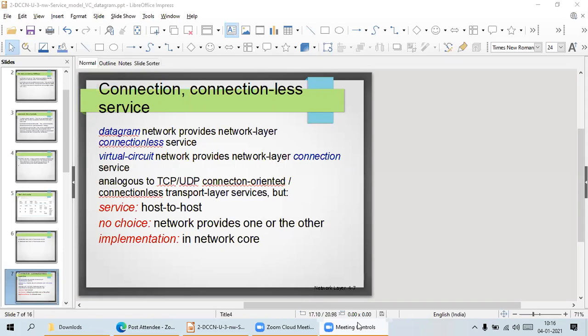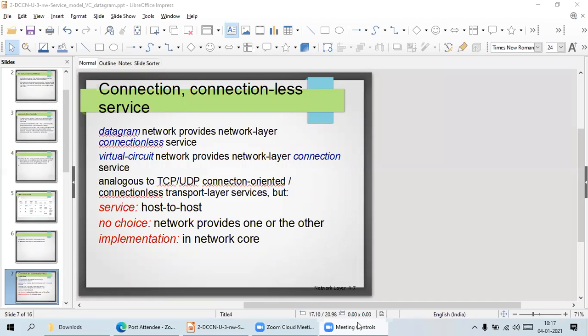This is analogous to TCP and UDP. TCP, transmission control protocol, is a connection-oriented protocol. UDP, user datagram protocol, is a connectionless transport layer service. Both TCP and UDP are transport layer services. TCP is connection oriented and UDP is connectionless.